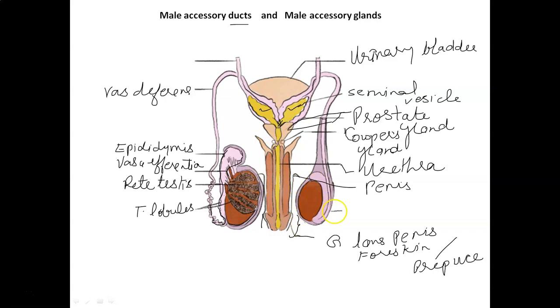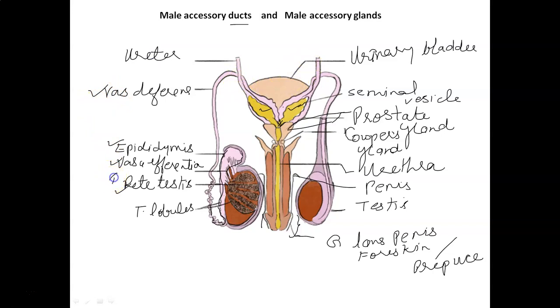So this labeling is, of course, you all know testis. That's it. So we have seen that testicular lobules then lead to rete testis, vas efferens, epididymis, vas deferens. Okay. Now one more labeling is there, right? Ureter, because the ureter comes and opens into urinary bladder, right? So this is ureter.